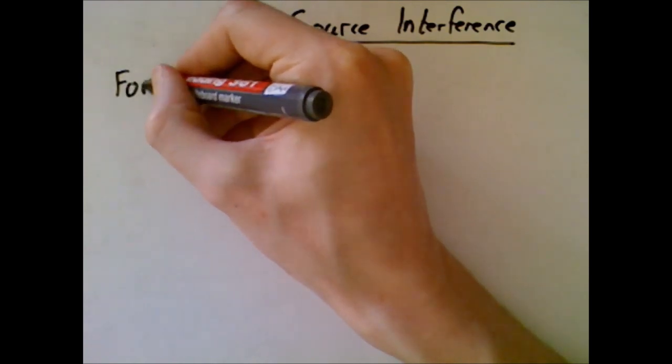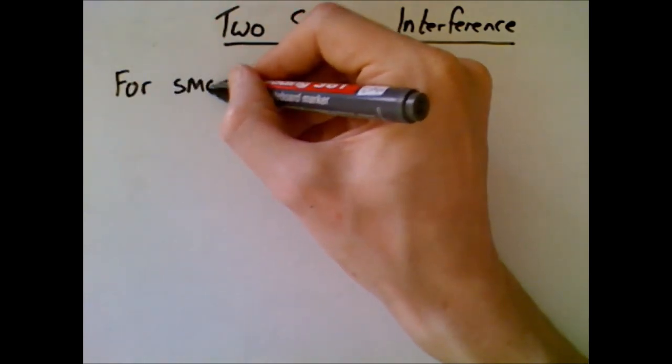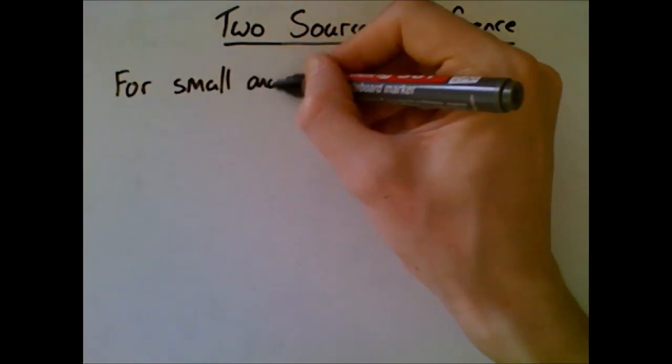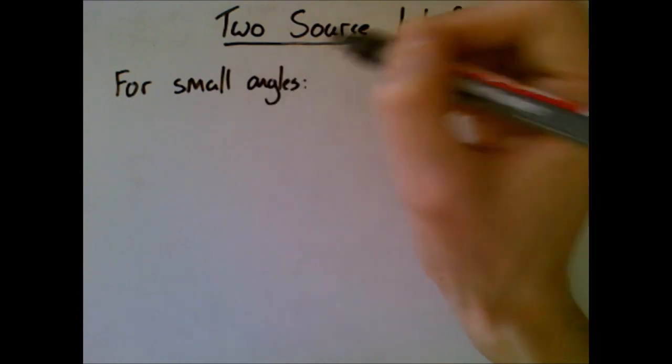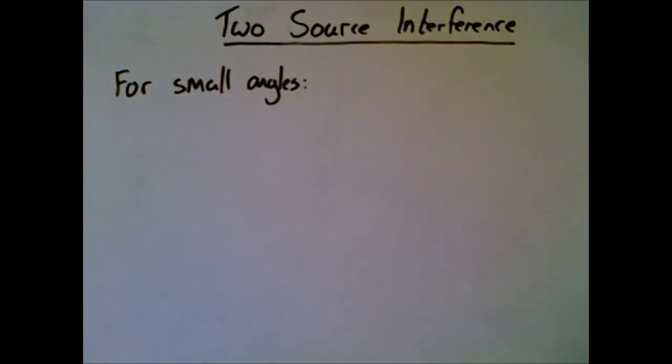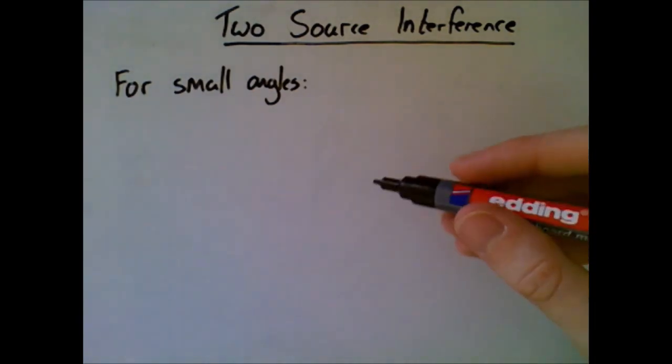I just want you to imagine that we're looking at some very small angles. Now, if you actually work out sine of a small angle and tan of a small angle, you will find that they are very roughly the same. You'll also find that that number you get is very roughly the same as the actual angle itself, as long as the angle is in radians.